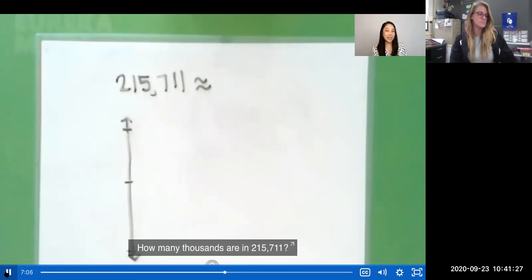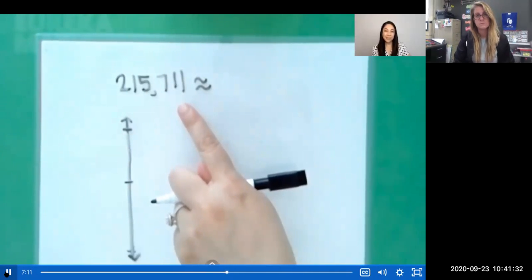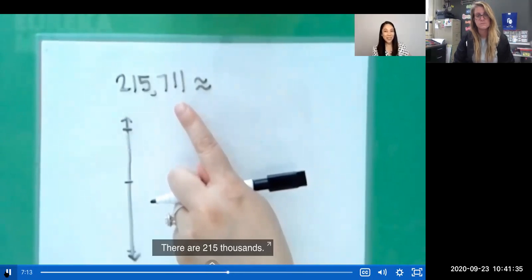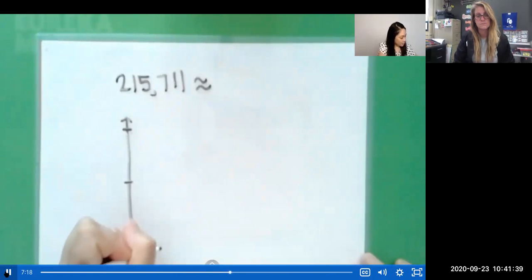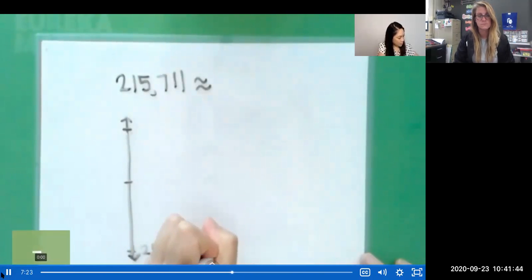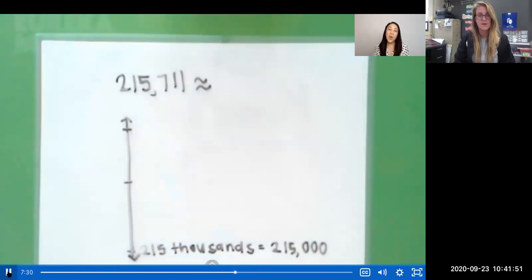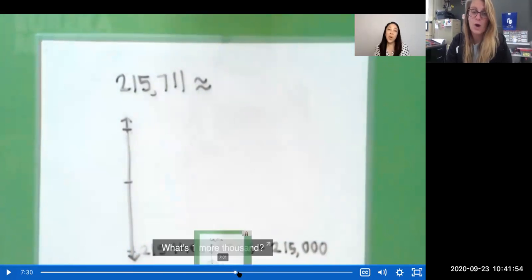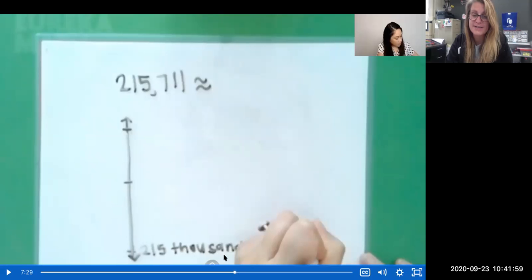How many thousands are in 215,711? There are 215 thousands. This is one reason why she writes out the unit form, to show how many specific thousands there are.